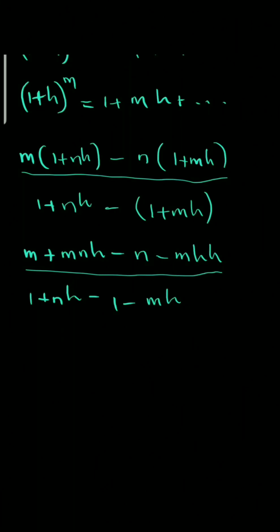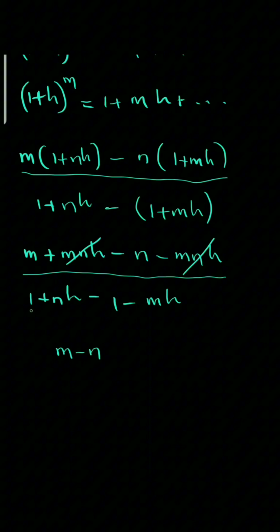So this is what we have. Oh, sorry, we don't have h there, but instead it is n. Okay, so on the numerator, mnh will cancel with mnh because they have different signs. Remain with m minus n.